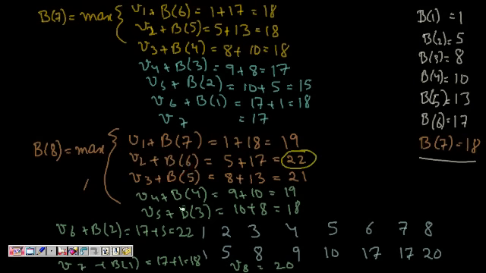So this is v2, which is 5, plus b6, which I already know, the best way of cutting a rod of length 6, is 17. So I add these. Similarly, I do v3 plus b5, v4 plus b4, v5 plus b3, v6 plus b2, v7 plus b1, and v8. So we see that the maximum among them is 22. So we choose this value. We now put b of 8 is equal to 22.